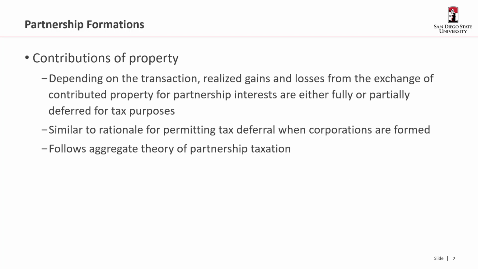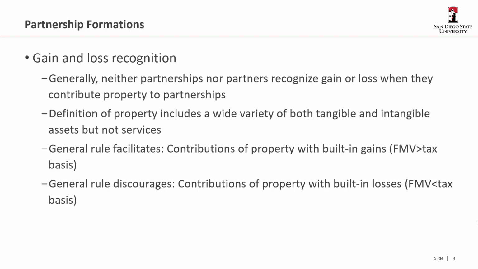Contributions of property, depending on the transaction, often result in realized gains and losses. However, generally speaking, if that property is contributed to a partnership, that realized gain or loss is generally deferred, or at least partially deferred. And what you're going to see is that the rules are very similar to a 351 exchange that we covered in the last module. Generally, neither the partnership nor partners recognize gain or loss when they contribute property to partnerships.